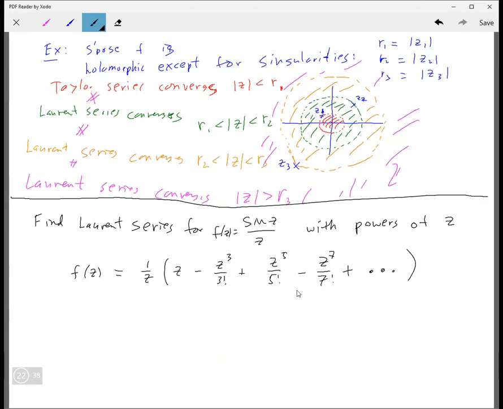That qualifies as a good answer. And you just distribute this 1 over z. So you get 1 minus z squared over 3 factorial plus z to the 4th over 5 factorial minus z to the 6th over 7 factorial plus ... Okay, so there's the answer right there.